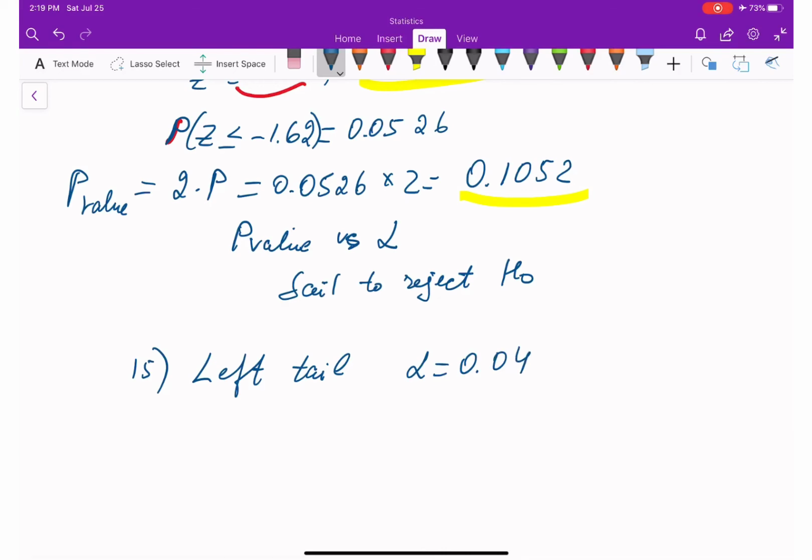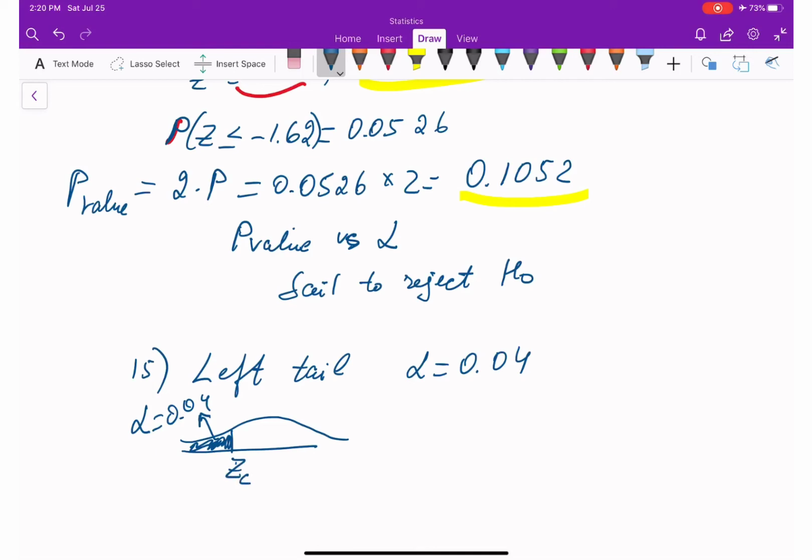So we need to find the critical value. What does that mean? We have left tail, and this area represented by alpha. Okay, we need to find the z critical.